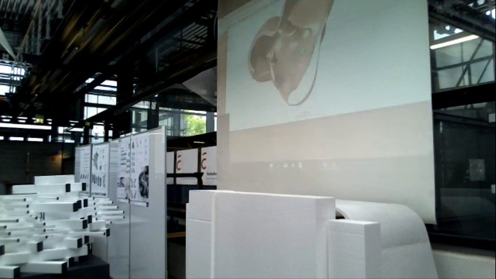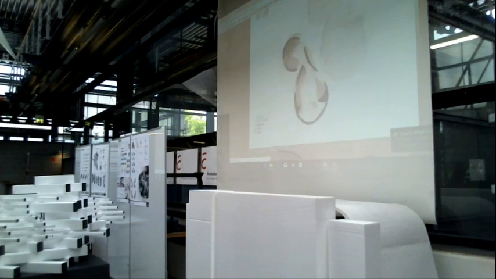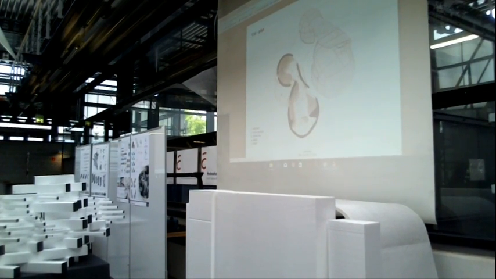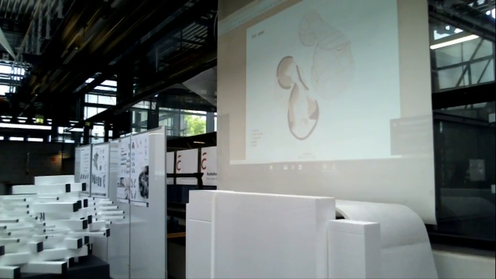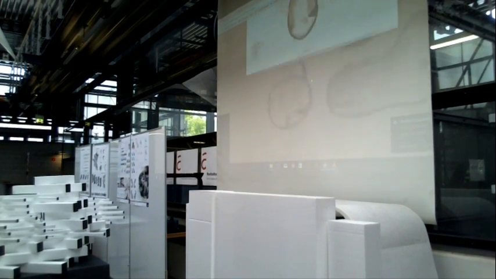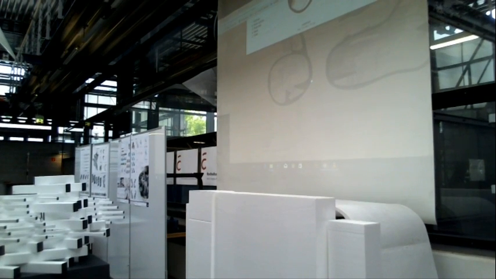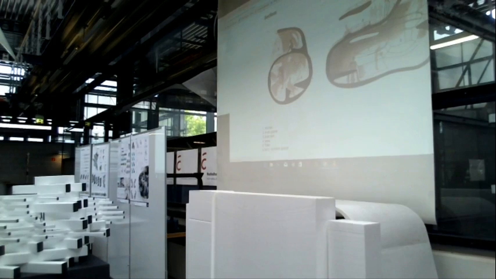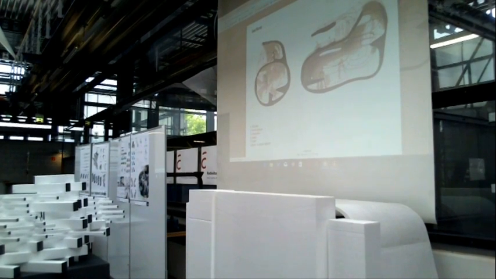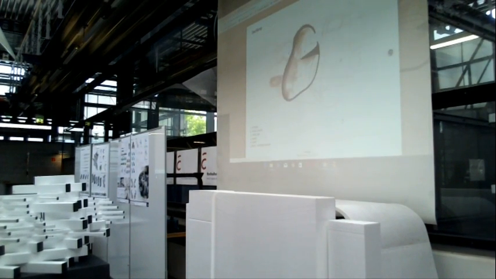And here you see our refined geometry based on the information we were able to get from the analysis and the self-feeding loop of the design.